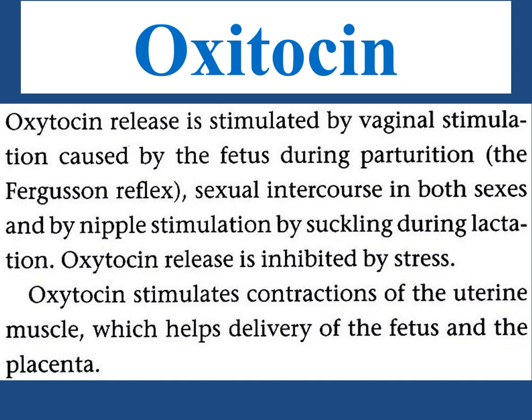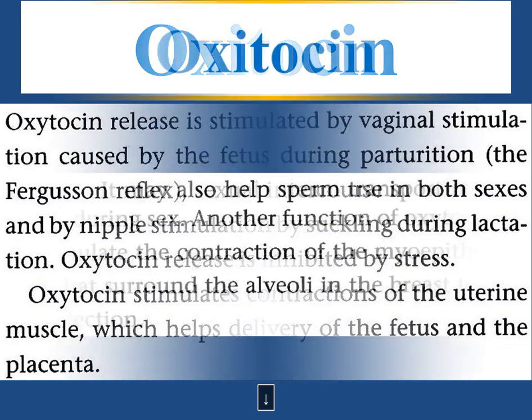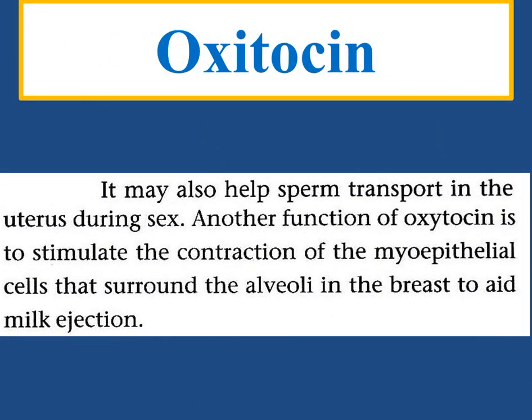Oxytocin stimulates contractions of the uterine muscle, which helps delivery of the fetus and the placenta. It may also help sperm transport in the uterus during sex. Another function of oxytocin is to stimulate the contraction of the myoepithelial cells that surround the alveoli in the breast to aid milk ejection.